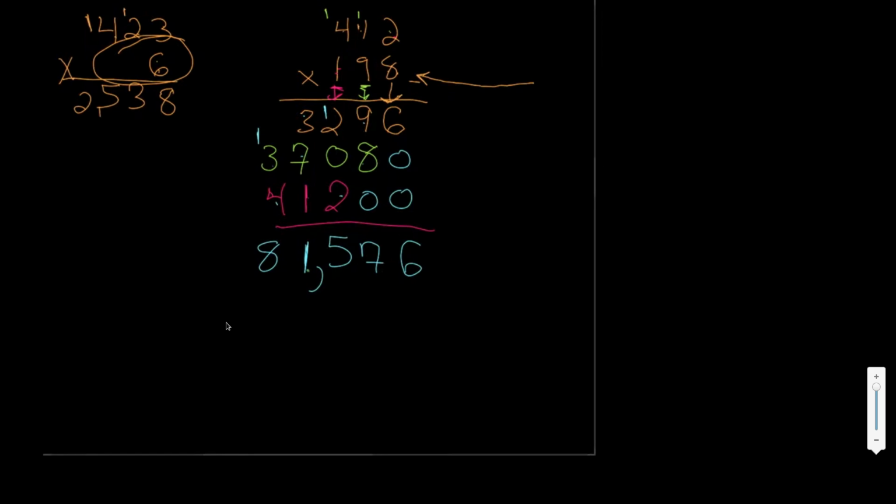Imagine you have 412 rows that carry 198 plants. You go out and you count each one, you would have to count 81,576. It would take a while. But if you counted one row and you counted your number of rows, you could do the calculation. This is what mathematicians do.